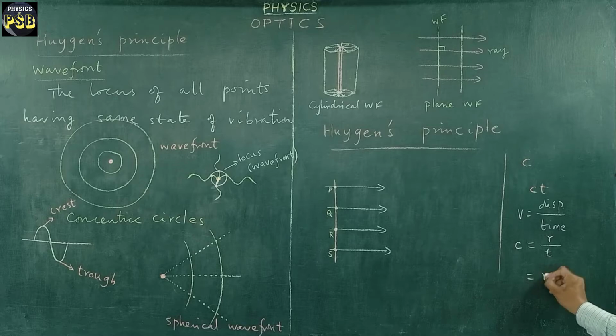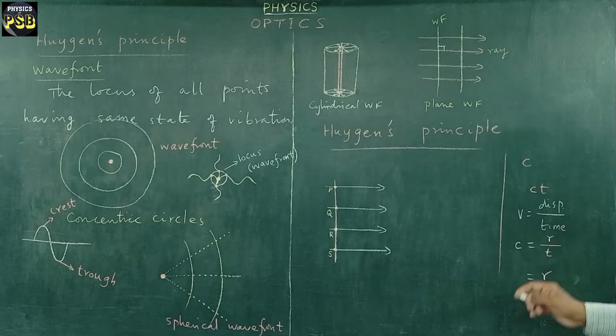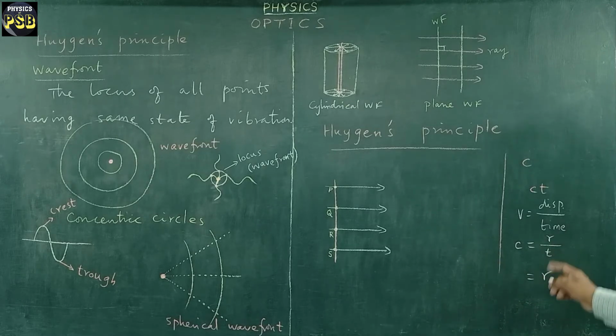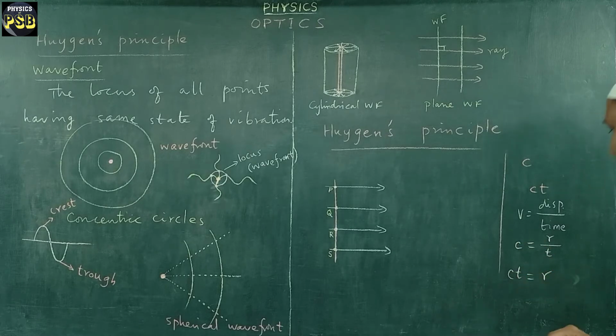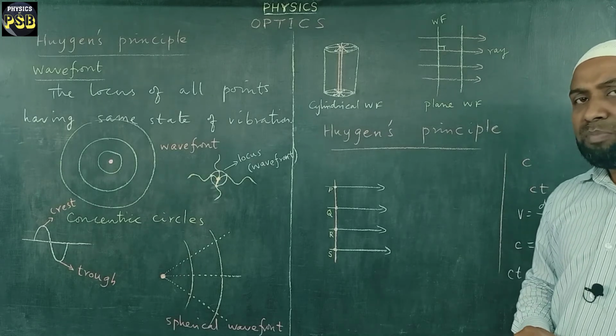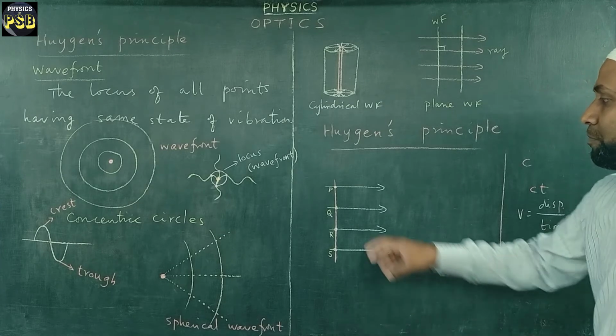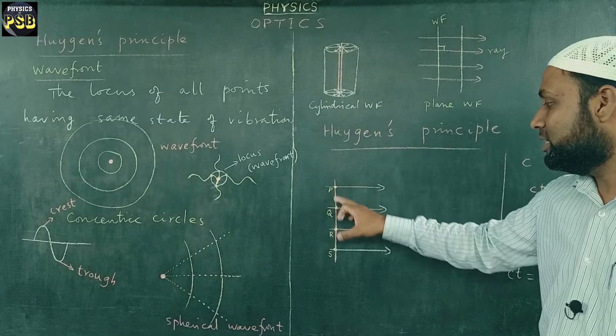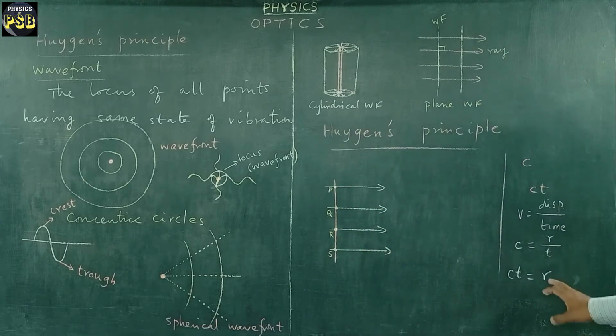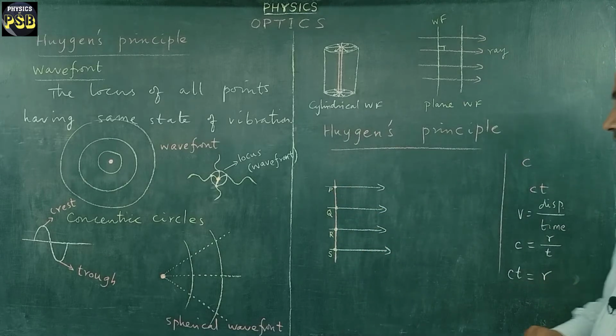So r, which is the distance or displacement covered at time t, can be obtained by cross multiplication. Here, Ct is the displacement covered by the secondary wavelet when they start from these points. I take Ct as the radius.